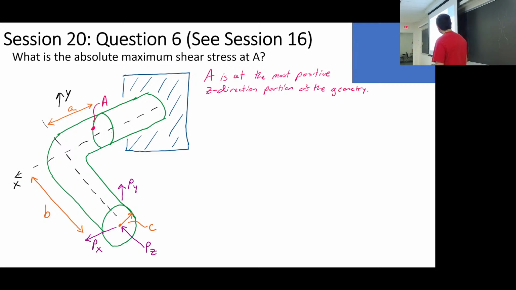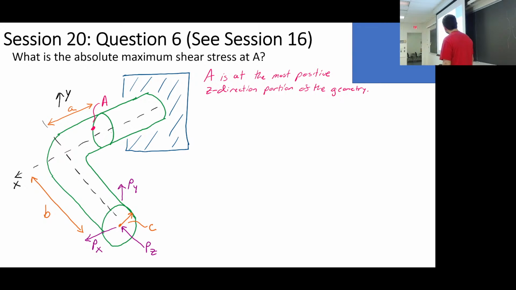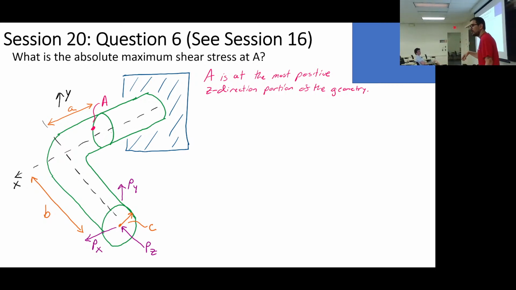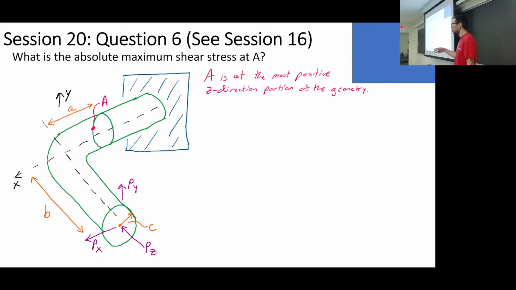Now, question 6 says to go back to section 16 and look at the state of stress that you came up with there, which is a 2D state of stress. It has some shear stress, remember? Let me just look. Oh yeah, because this has 3 loads on it. So it's going to have some shear stress and some normal stress.